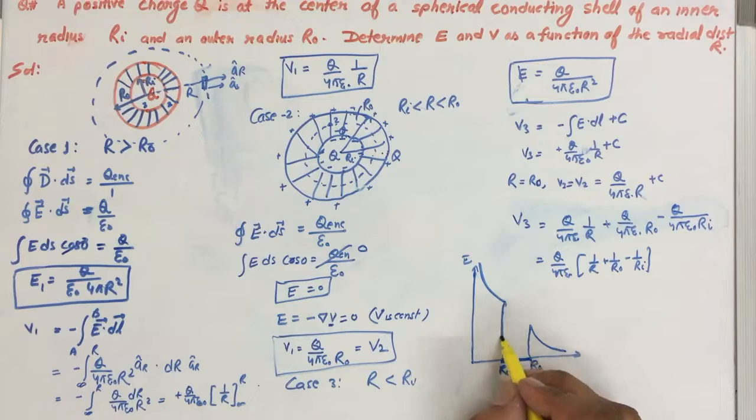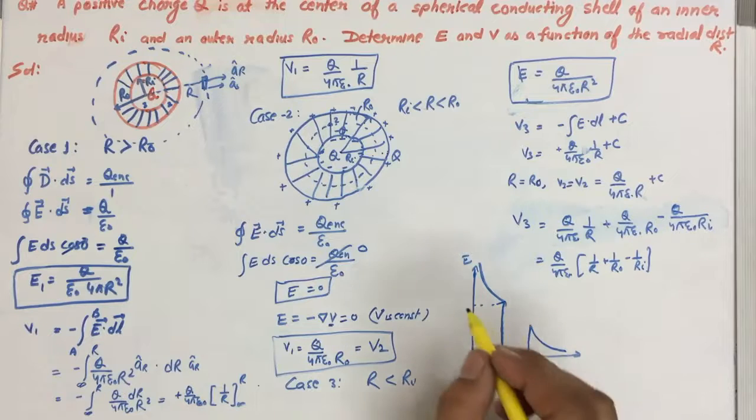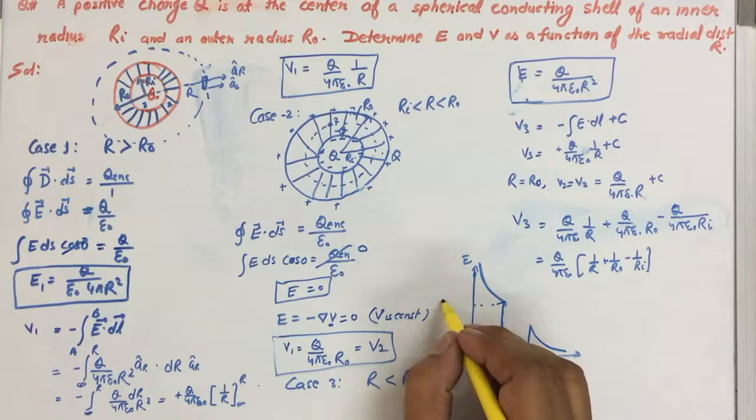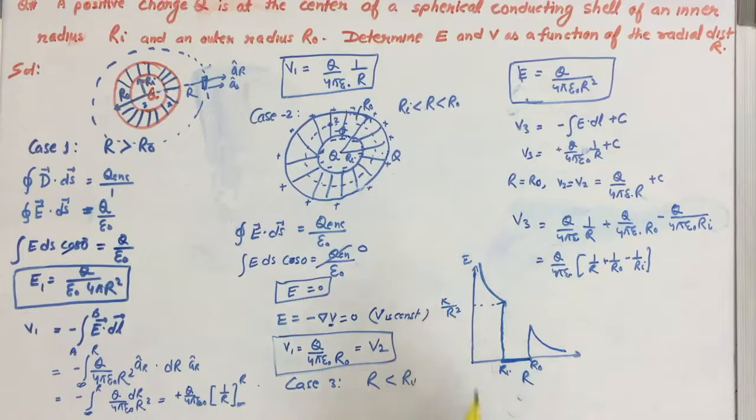So this is the graph related to E. This point and this point are critical points. E is k by r square here when r is less than the inner radius of the shell, and this is k by r square when r is more than the outer radius. So this is E.